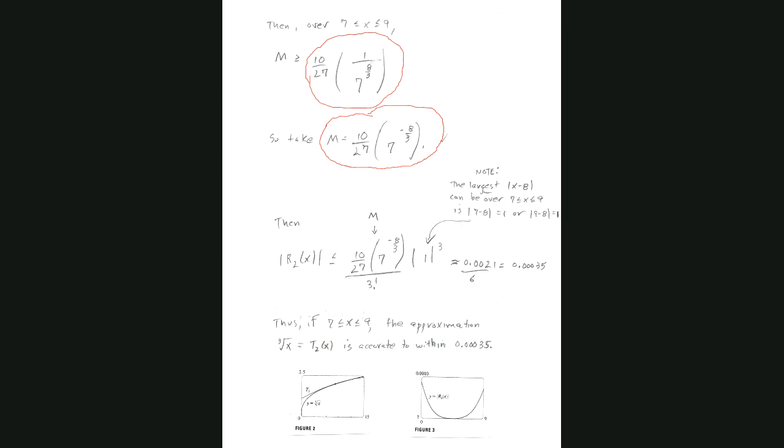So that's what you're going to take your m value to be. Now we have our m value. We have almost everything taken care of. We have the m, we have the 3 factorial, we have the 3rd power.